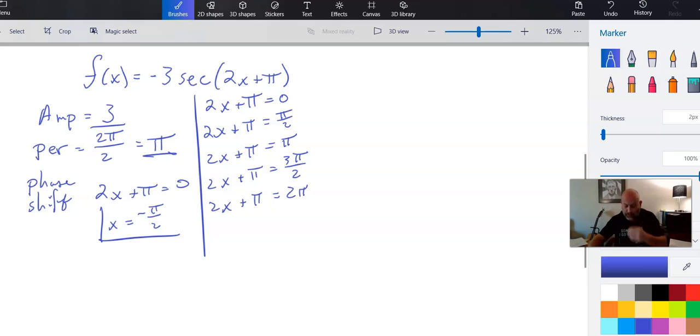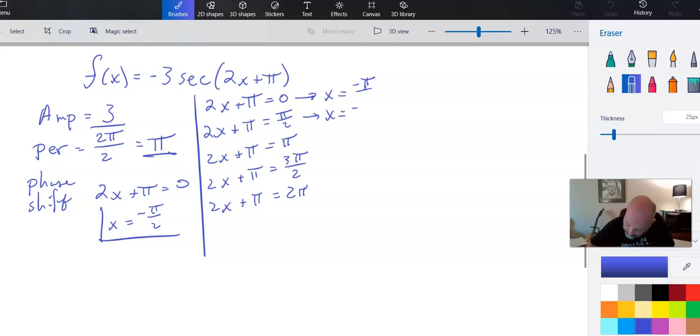And if I solve each one of these, I actually end up with these values. X is equal to negative pi over 4. This one gives me x is equal to, oh, excuse me, not pi over 4, negative pi over 2. Negative pi over 4, there we go. This one ends up being 0.